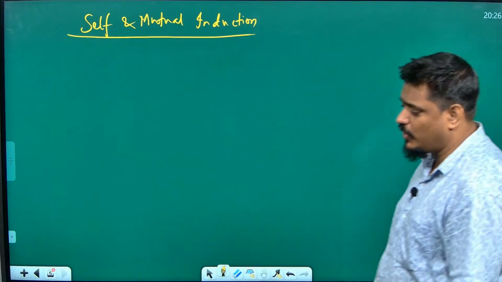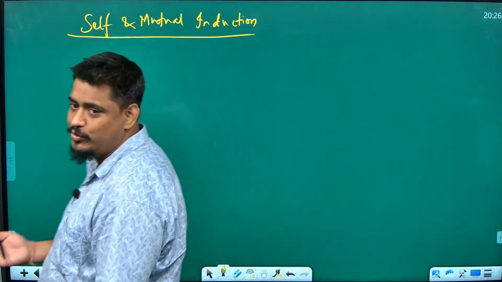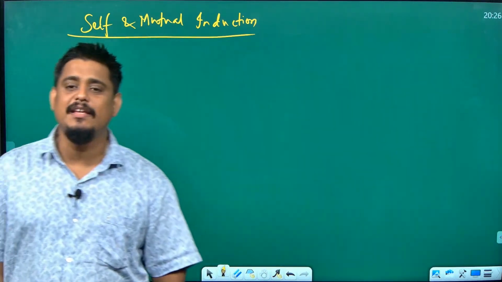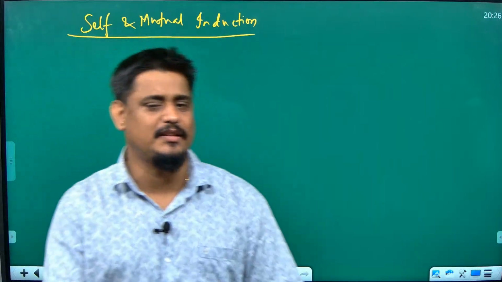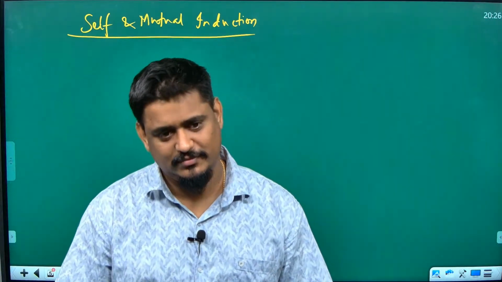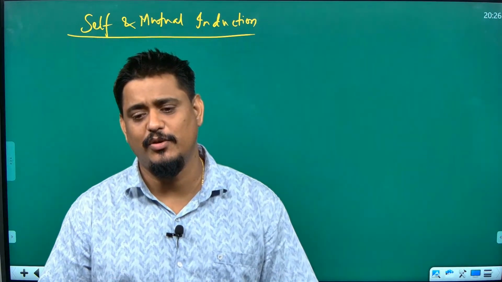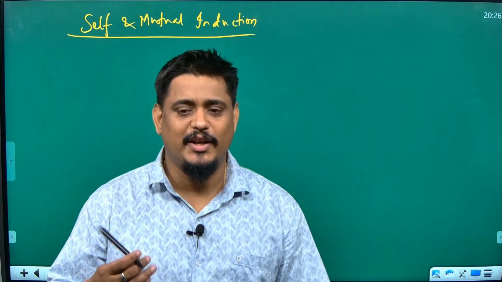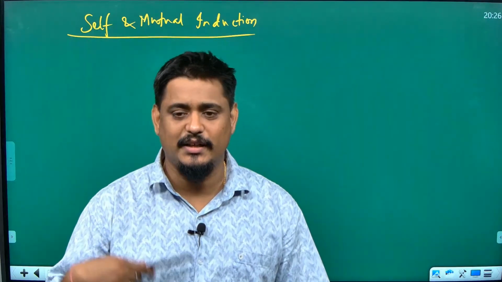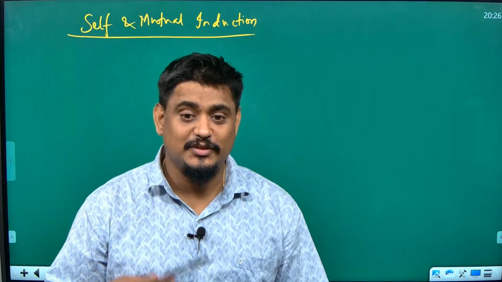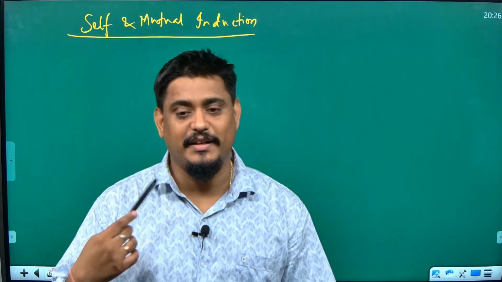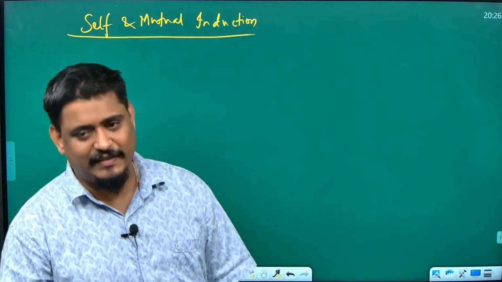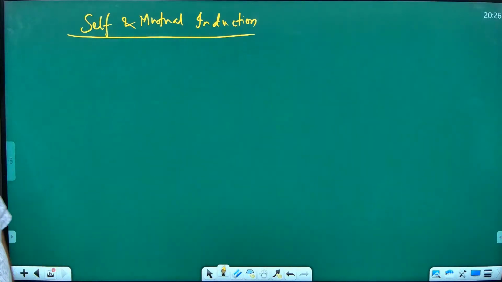AC generator is not there in the syllabus, which I taught you in the last class, where we derived E is equal to E naught sin omega t. Whenever you are rotating a coil in the magnetic field, there is an induced current, and that we found. Anyhow, today we are going to talk about self and mutual induction.